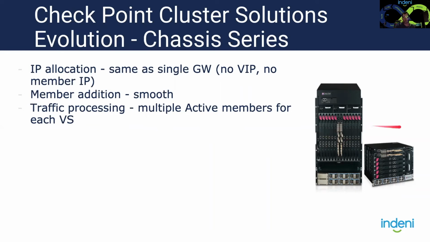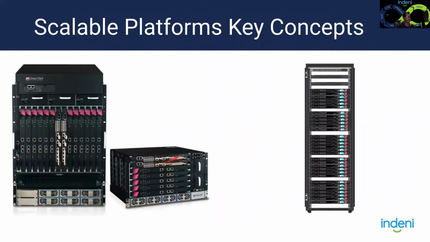All the members on chassis 2 will process traffic for VS2. So here we have a growth from the HA we have in cluster XL, where only one member handles traffic, and also for VSLS, where only one member handles traffic for a given VS. Here we have growth by a multiplier of up to 12 per VS.